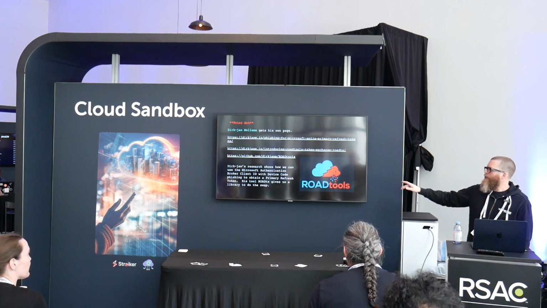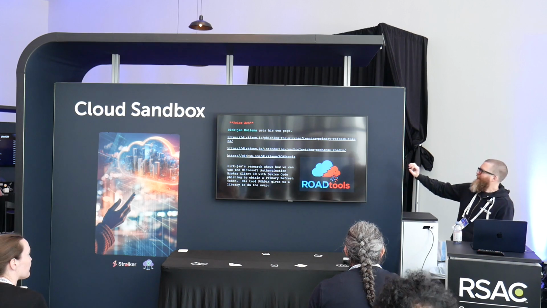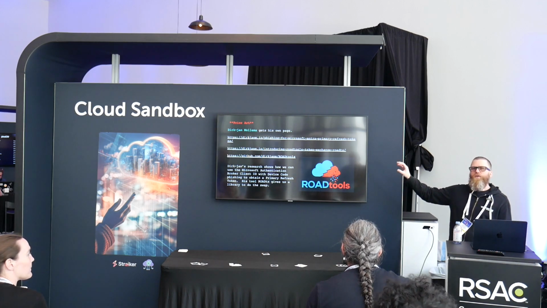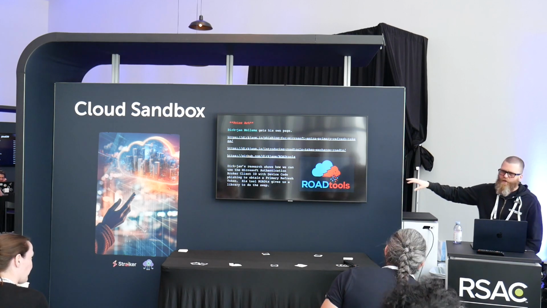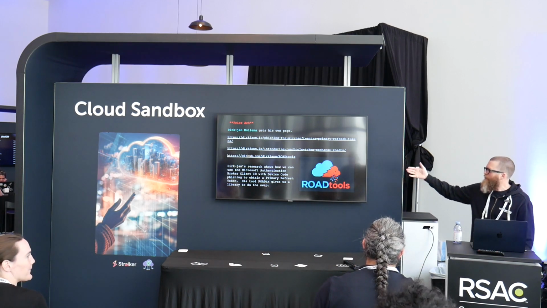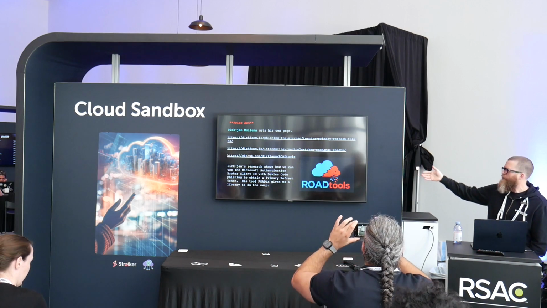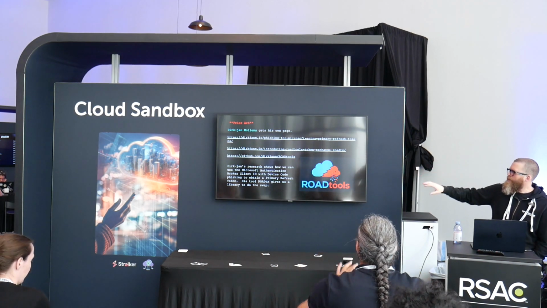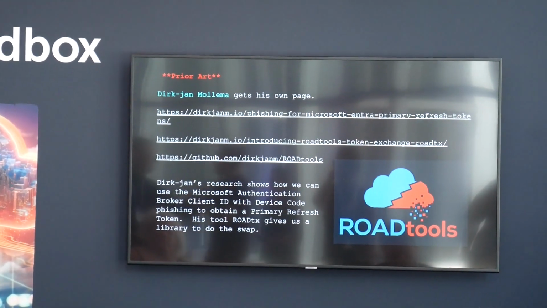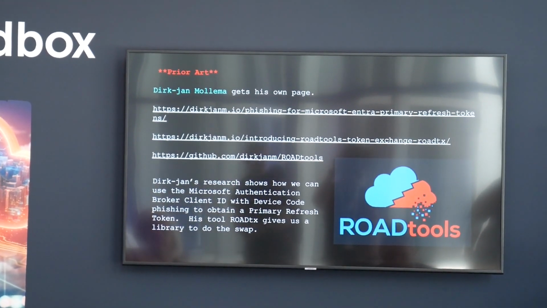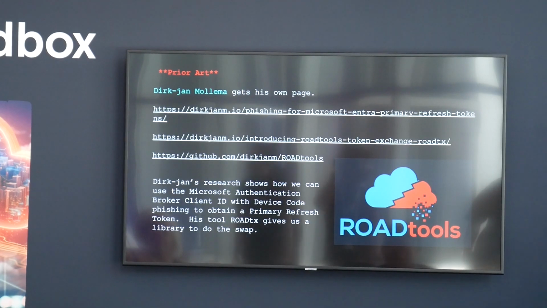Dirk-Jan Mollema figured out how to use device code phishing to obtain that primary refresh token. His research essentially allowed tools like SquarePhish to use the Microsoft Authentication Broker client ID for that initial phish, and after that you have access to everything for that user.